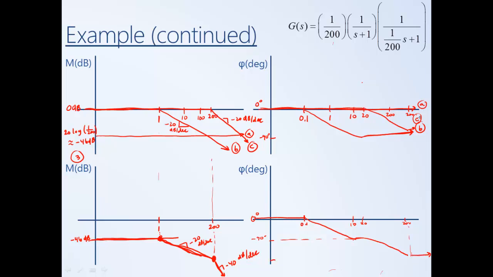And at that point, we have one component that has a phase of 0 and two components that have phases of minus 90. So 0 plus minus 90 plus minus 90 is minus 180.